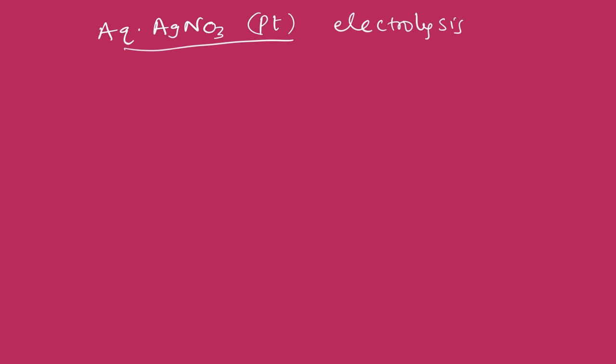So the first one is the ionization step. AgNO3 ionizes into Ag plus and NO3 minus. Aqueous word is given, therefore water is also present, that will be converted into H plus and OH minus.